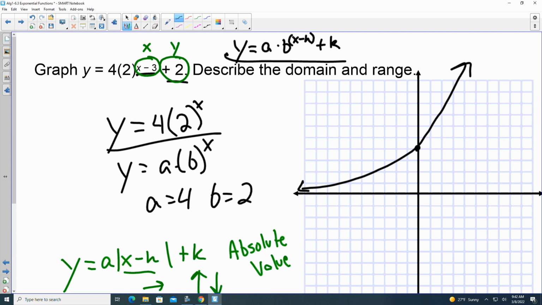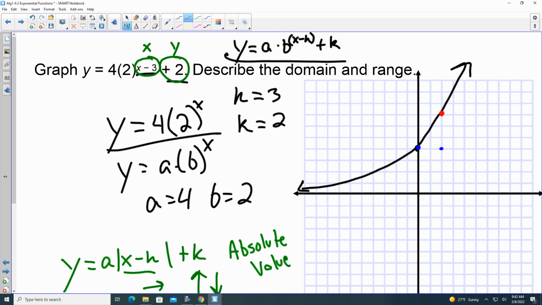So looking at this, h in this particular example is 3 and k in this particular example is 2. So what's going to happen is from here, I'm going to move 2 to the right, 1, 2, and 3 up, 1, 2, 3. So this, I'll make it a different color.